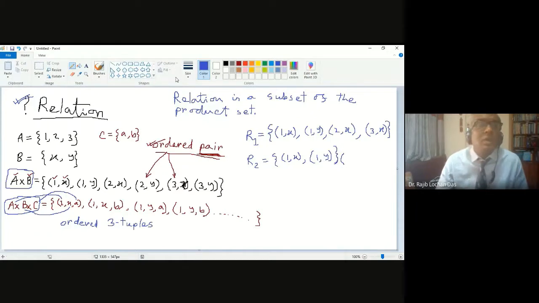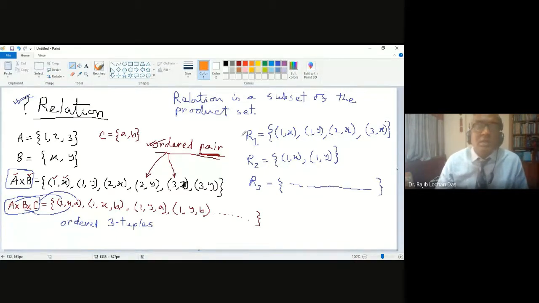This is also a subset, because some elements are taken from the product set. You can think of another subset with some more elements possible. That will also be a subset, and also a relation.